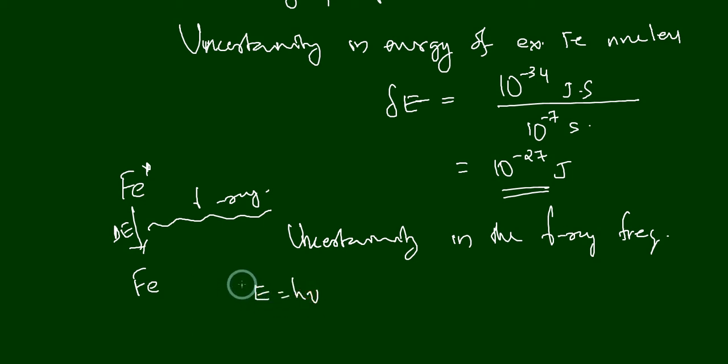Therefore delta E is equal to h into delta nu, or the frequency uncertainty delta nu is equal to delta E divided by h.